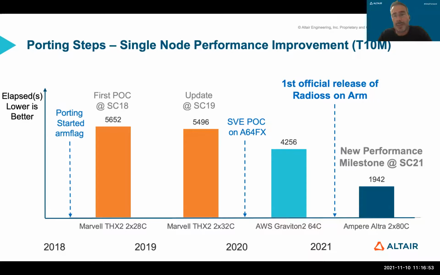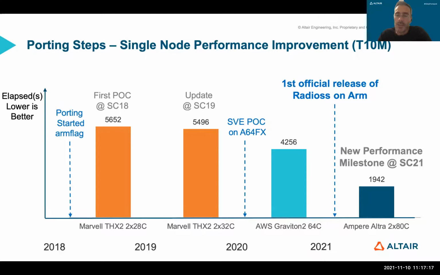So this was interesting, and so we decided at the beginning of 2021 to first release Radioss on ARM platform. So this was the first commercial release of Radioss, which is now available on ARM.